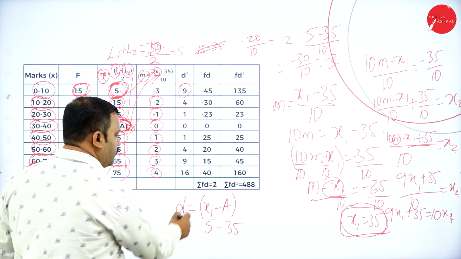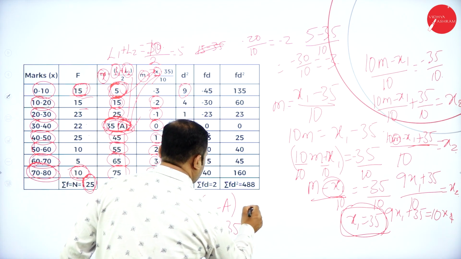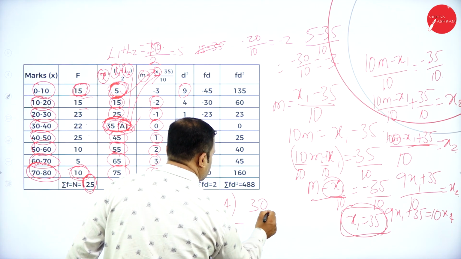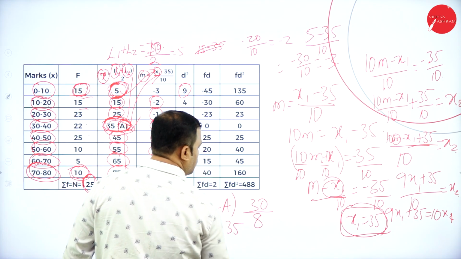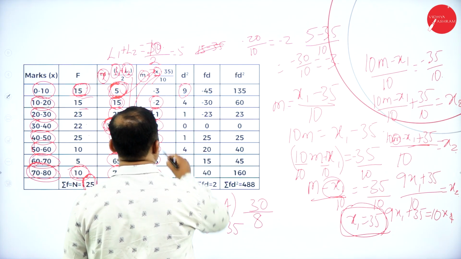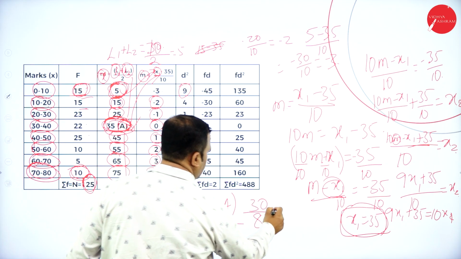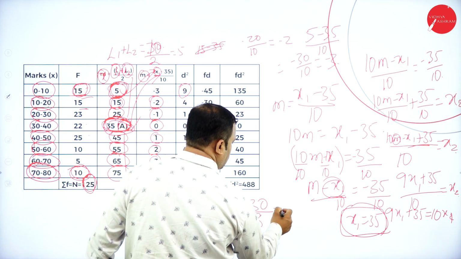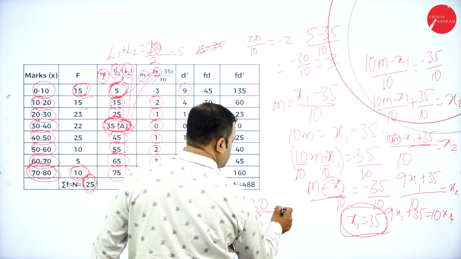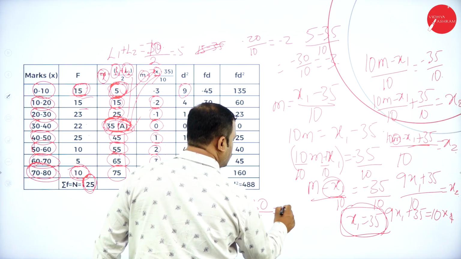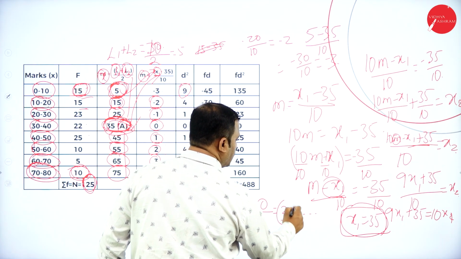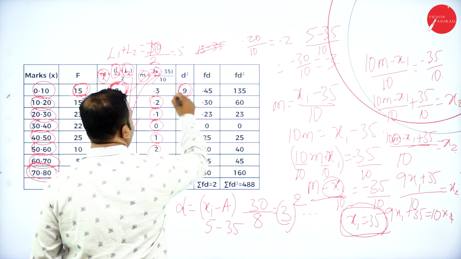That means 5 minus 35 is equal to 30. 30 by 8. How many values are there? 1, 2, 3, 4, 5, 6, 7, 8. 8 3s are 24. 8 5s are 40. 8 4s are 32. So you will get the value of 3 point something. If I square that, you will get the value 9.